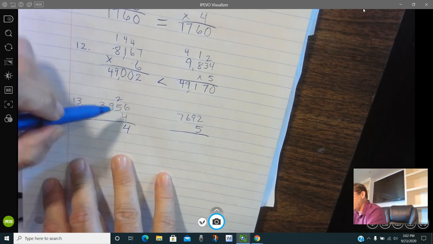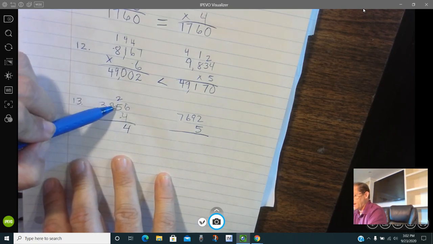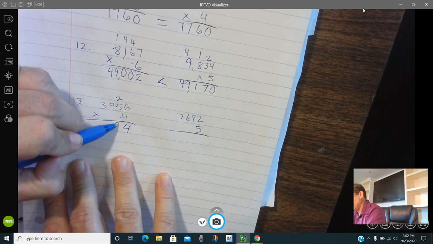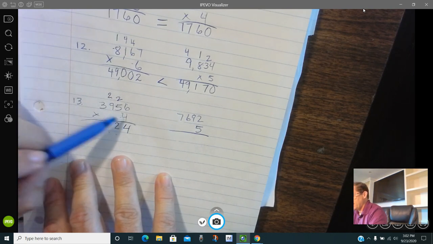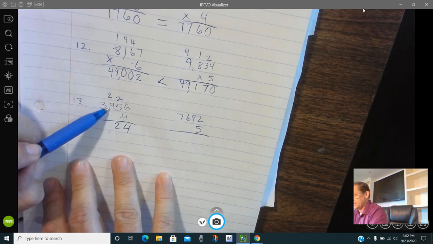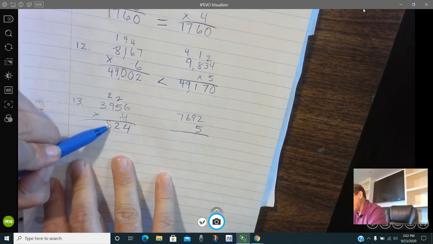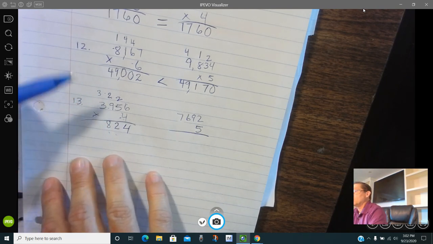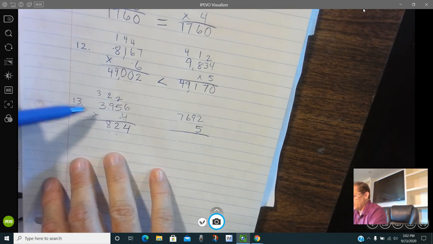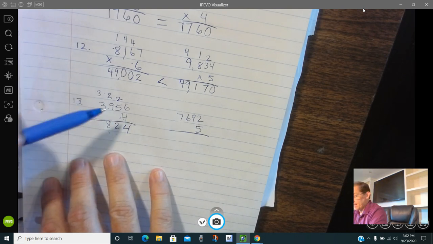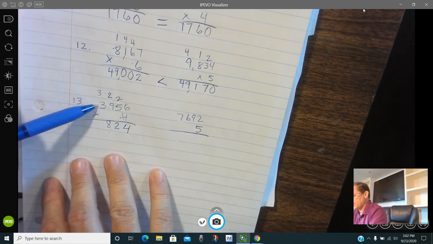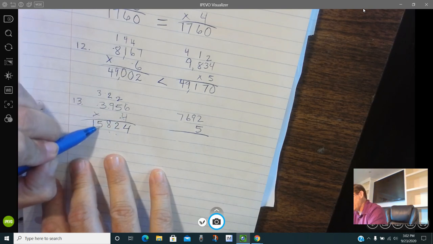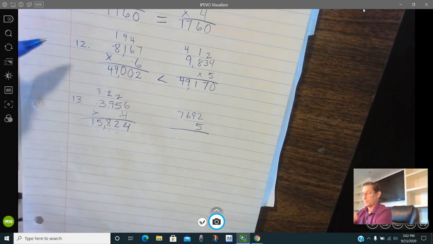Regroup as 2 tens and 4 ones. 4 sets of 5 tens is 20 plus 2 more is 22 tens. Regroup as 200 and 2 tens. 4 times 900 is 36 plus 200 is 3,800. We're going to regroup 30 of those hundreds as 3,000. And 4 times 3,000 is 12,000 plus 3 more, 15,000.